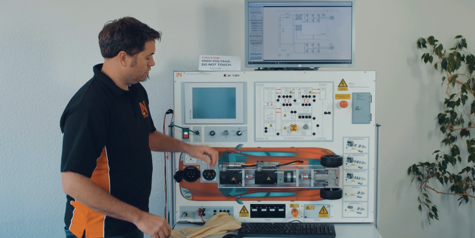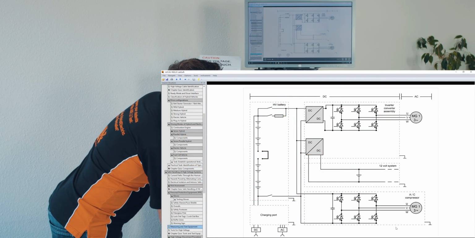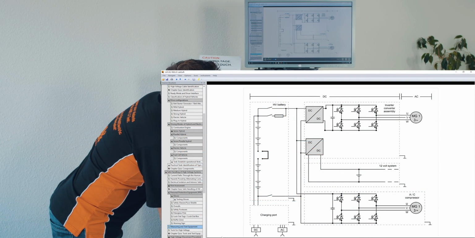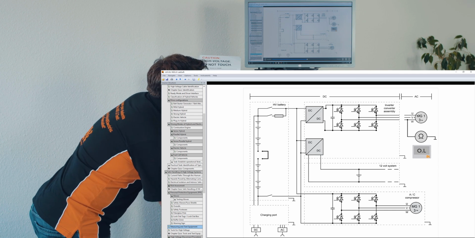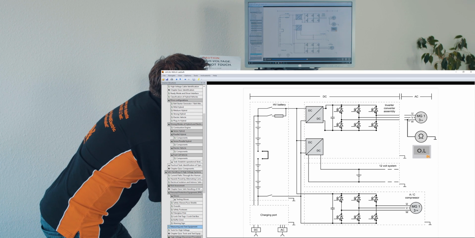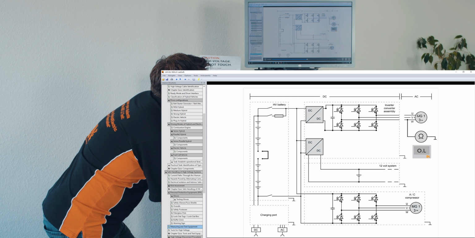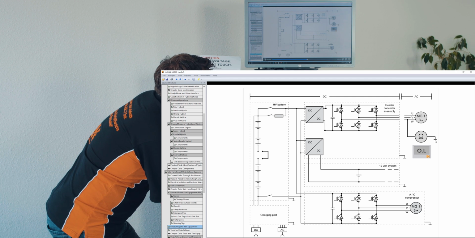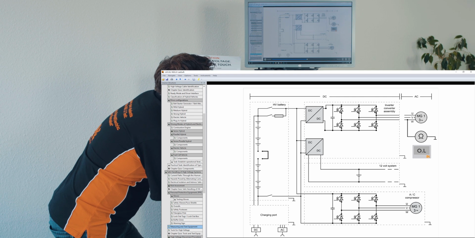So if I just show you on the screen here what that means. This is showing a normal ohm meter connected to one of the cables, one of the phases on the electric motor, to ground, and you see that it doesn't affect it at all.